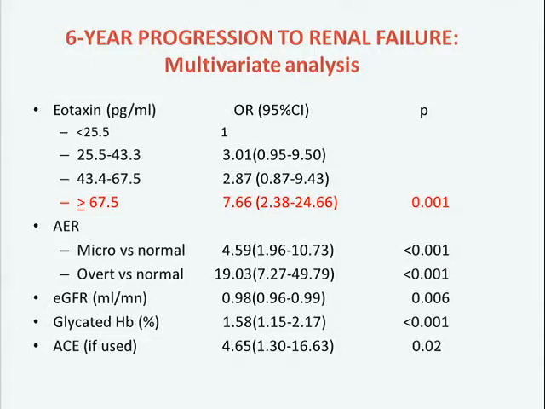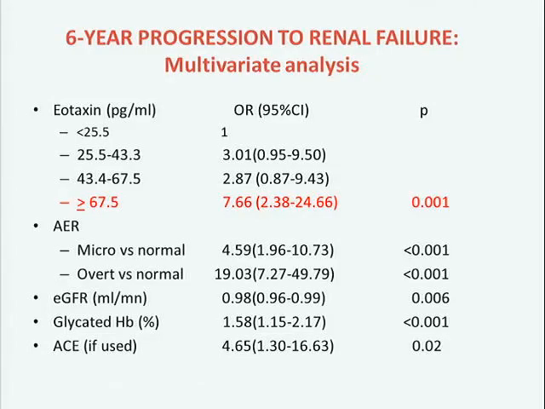And the people in the upper quartile of this marker at baseline are up to 7 times and more likely to develop renal failure at the 6-year follow-up.